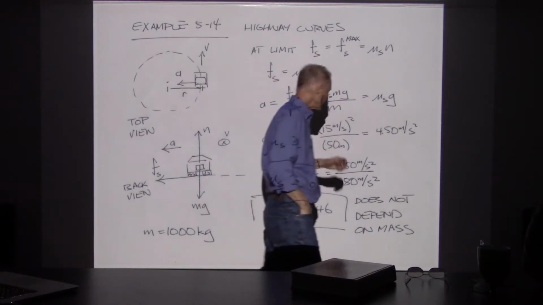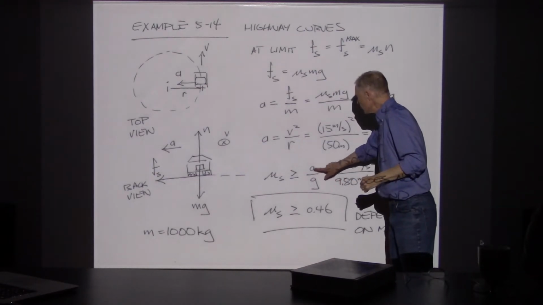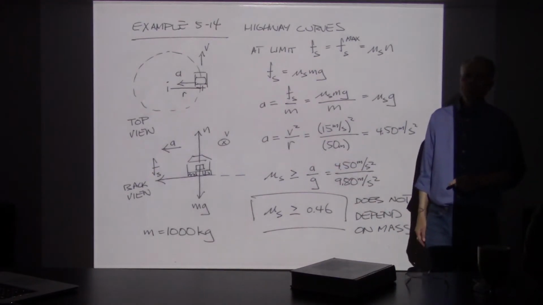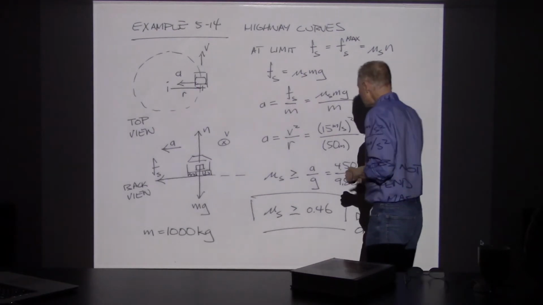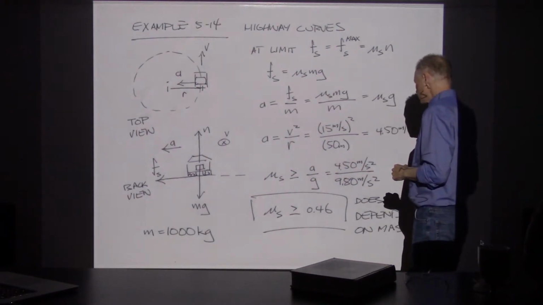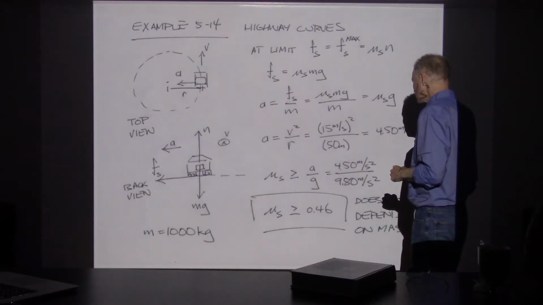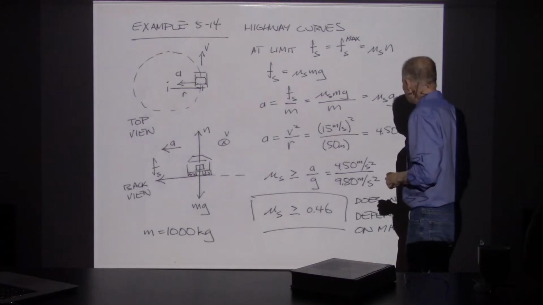So it does depend on what planet you're on. If you've got a larger gravitational field, you can go around curves faster. Good to know, right? So if you're driving around on Jupiter, you should be able to go around the curves faster; you won't need as much of a coefficient of static friction.